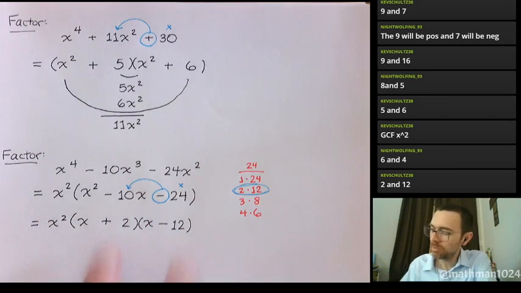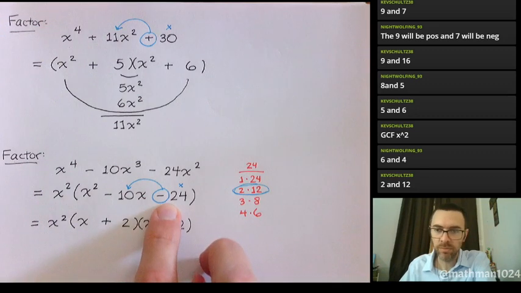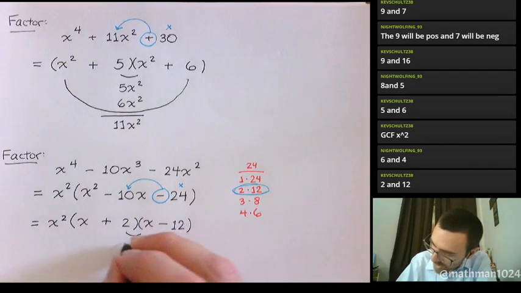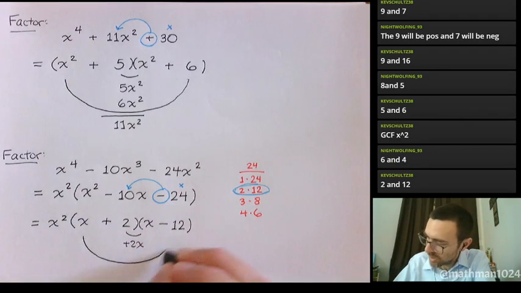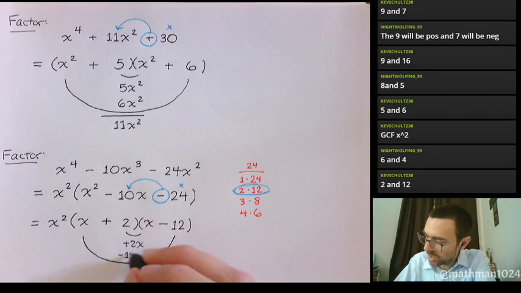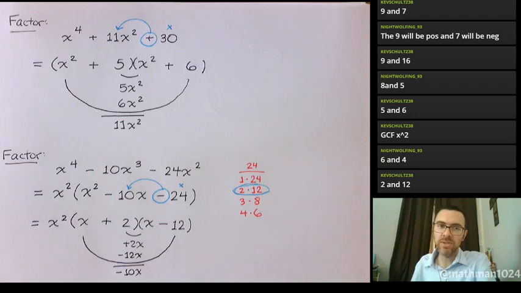Check this very quickly. Positive 2 times negative 12 is negative 24. When you check what's on the inside, plus 2x, and on the outside is minus 12x, that gives you negative 10x. That's the right middle term, and so we're good for that, right?